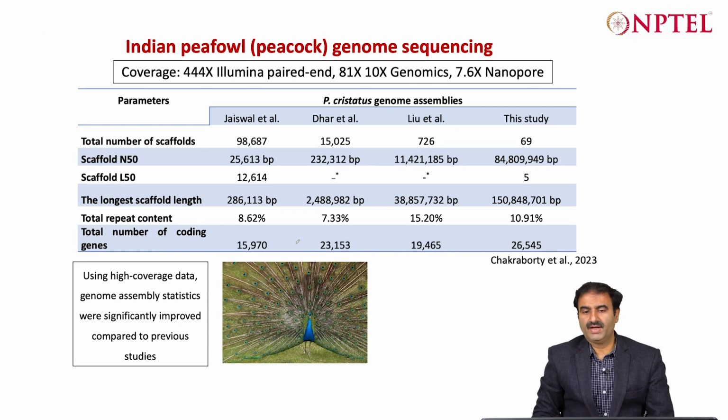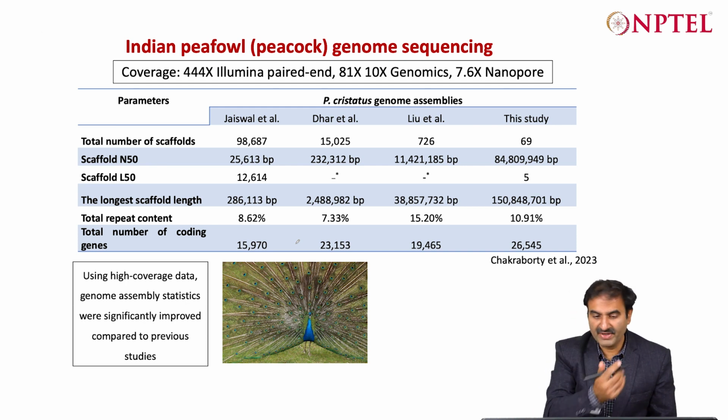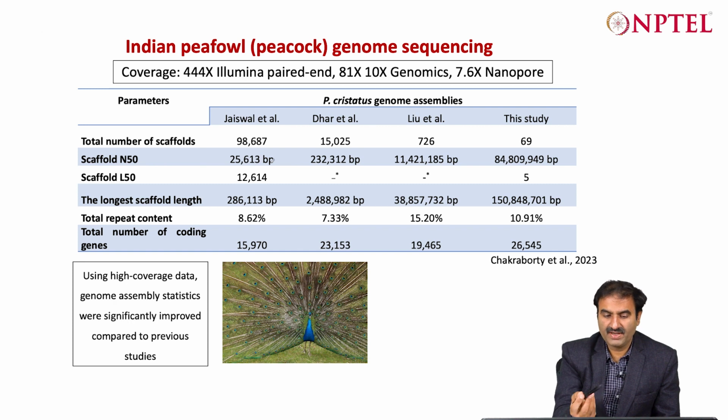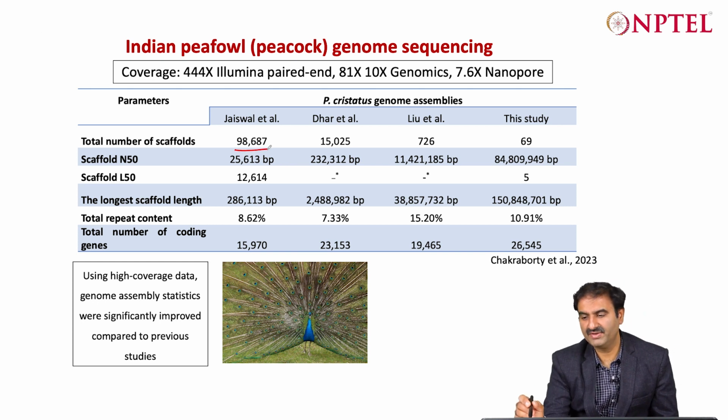And this is an example of resequencing of the peacock. You can see that over a period of a few years, the assembly quality improved from 98,000 pieces to only 69 pieces in the latest version.